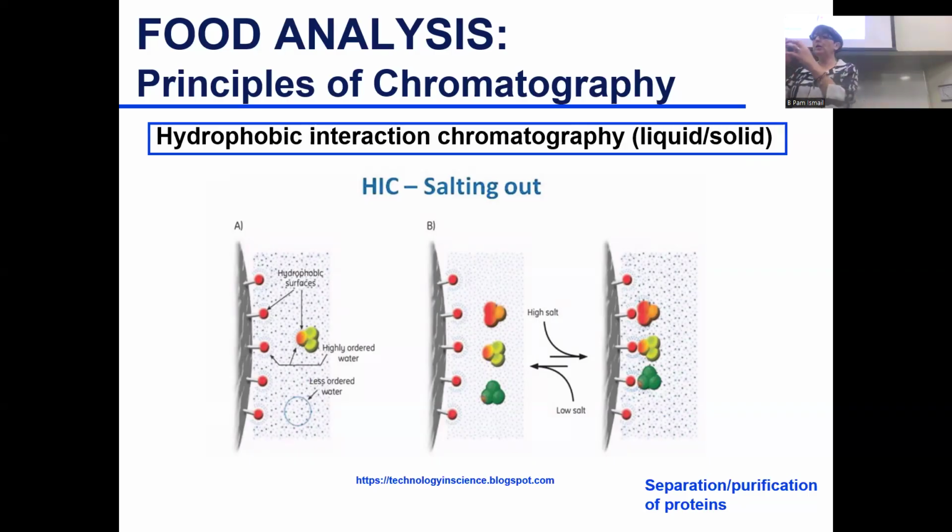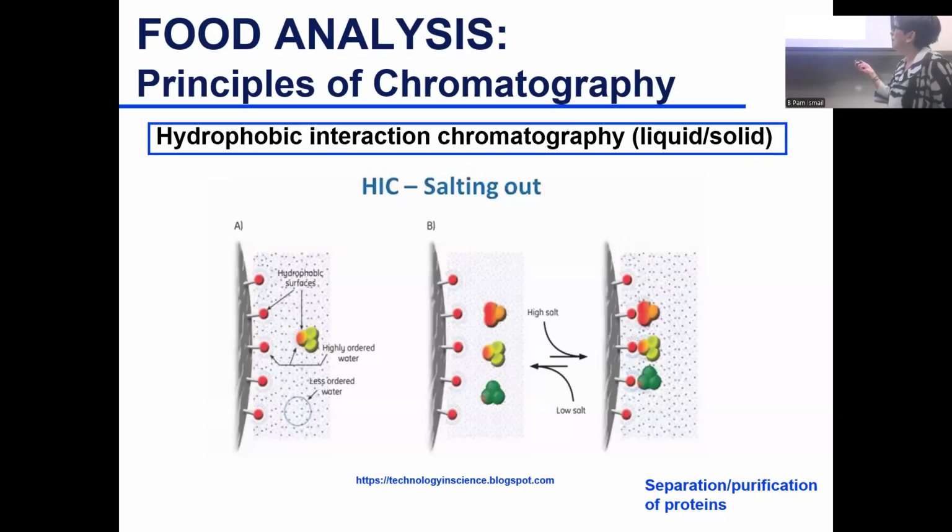So the protein hydrophobic surface will interact with your column. In the presence of salt, I repeat, the protein becomes mostly hydrophobic on the surface because the salt covers the charge, and will interact via hydrophobic interactions.